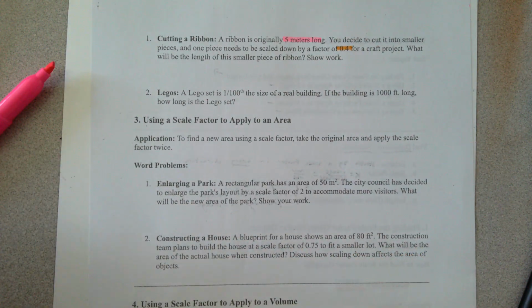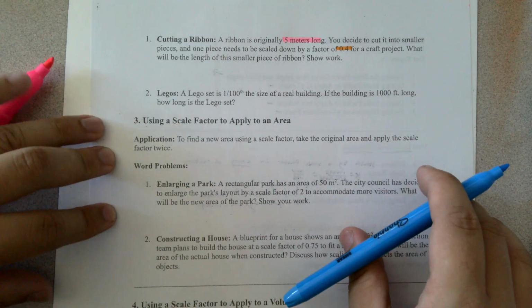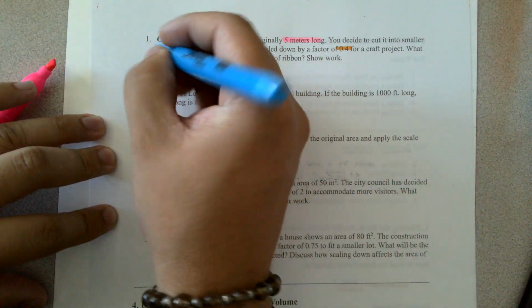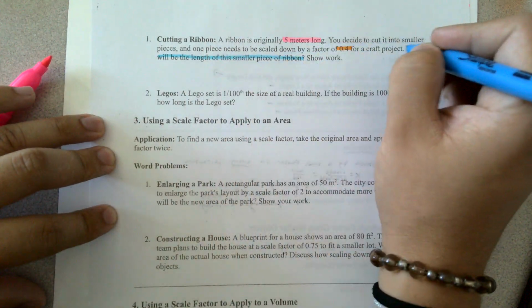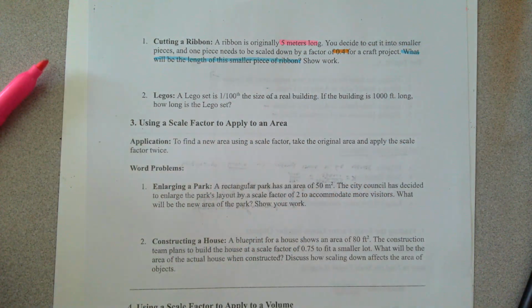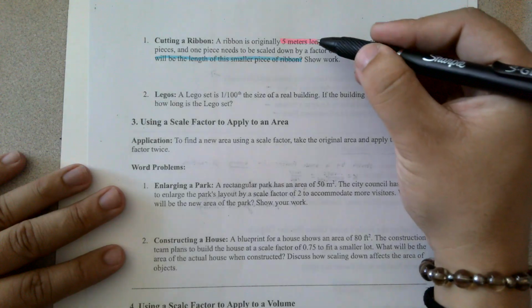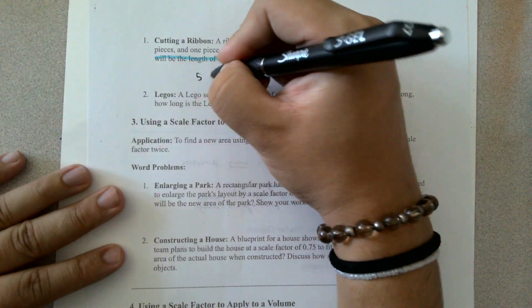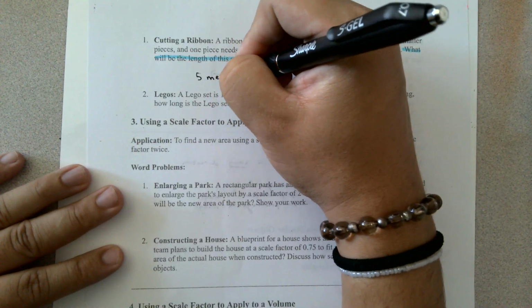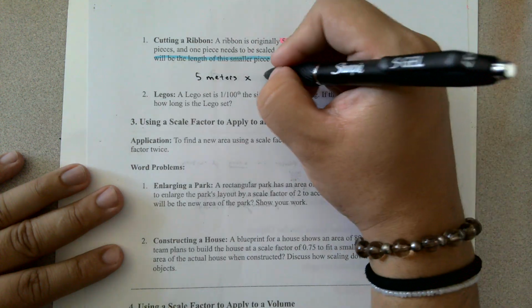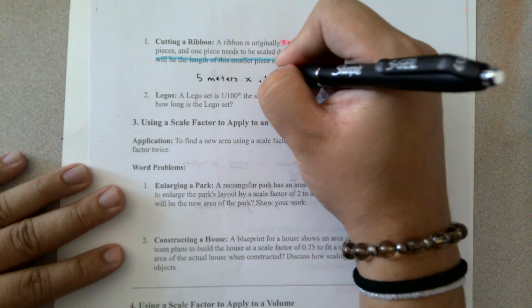Then I'm going to plug it into my formula because it's asking me what will be the length of this smaller piece of ribbon. So it's asking for the image. So we're going to take the pre-image, which is 5, multiply by the scale factor, which is 0.4.